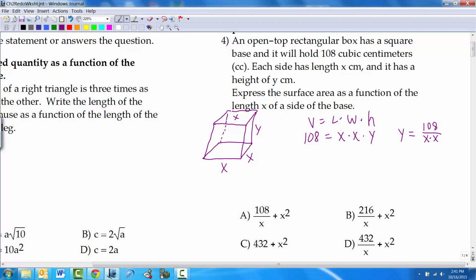There is no top here, so you have 2 sides, left and right, front, back, and bottom. So bottom is just x times x plus side, which is x times y, that's the right side, but y is 108 over x times x.